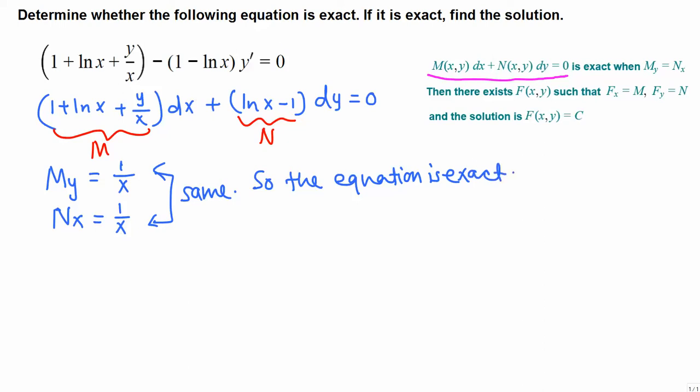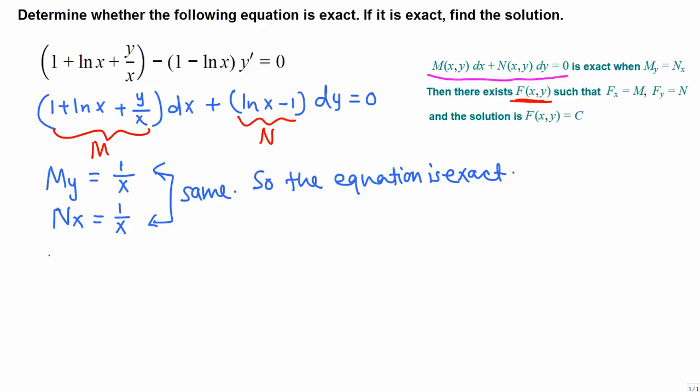That means there exists a function f such that the partial derivative of f with respect to x is M, and the partial derivative of f with respect to y is N, and the solution will be f equals a constant.